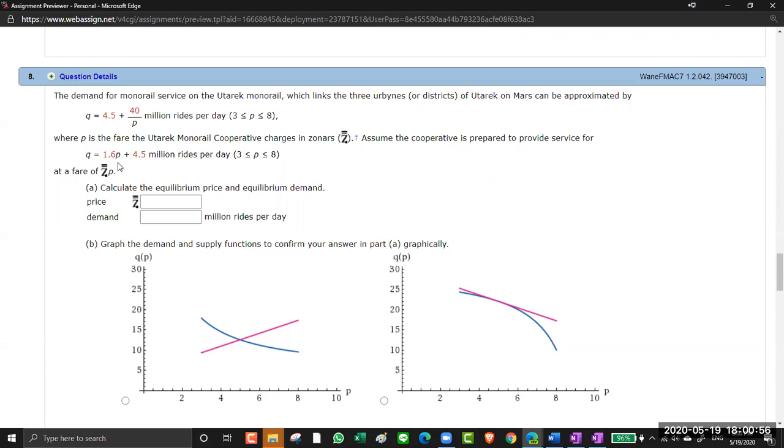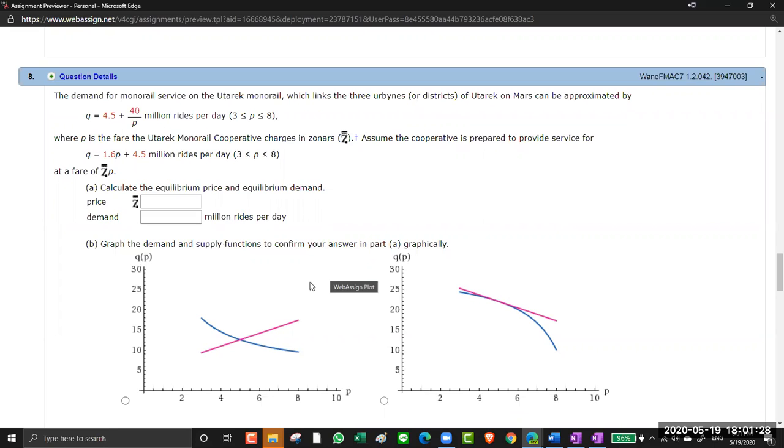Assume the cooperative is prepared to provide service for this many million rides per day at a fare of this. Calculate the equilibrium price and equilibrium demand. Did you get that part? Yeah, I get that one. Okay, good. Next part is graph the demand and supply functions to confirm your answer.